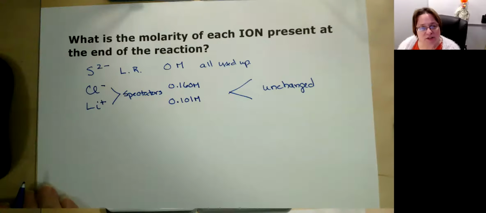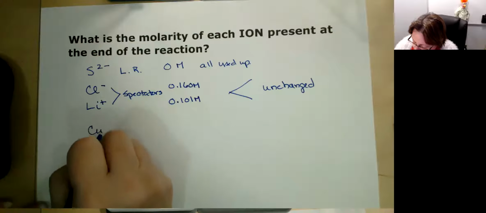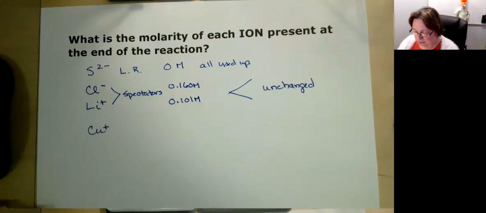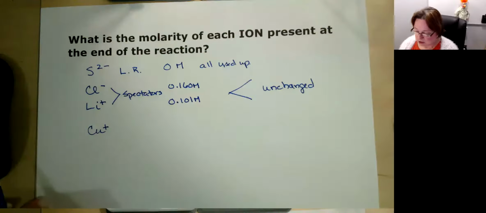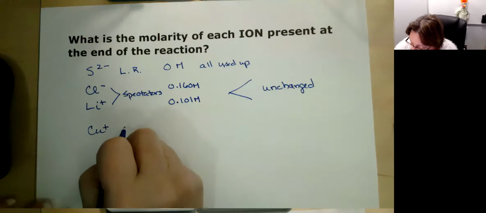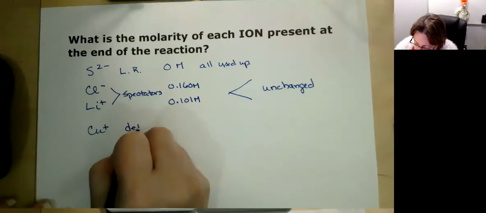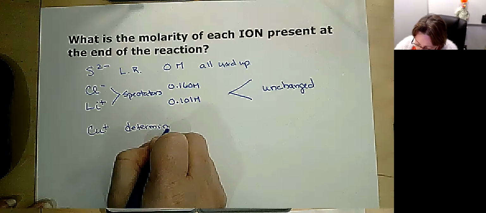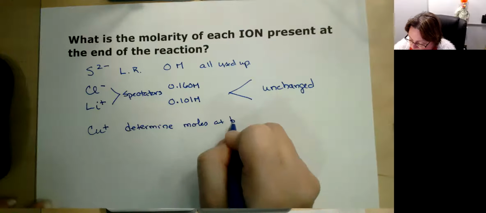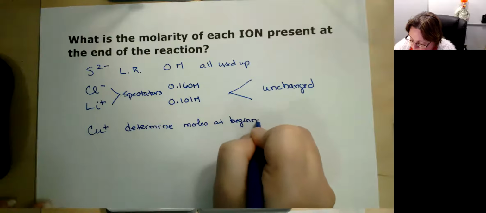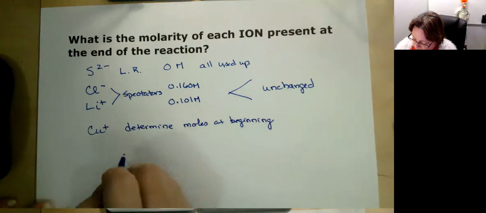All right, so that leaves us the more challenging one, right? The copper 1 ion. It had an initial concentration, right? There was some there at the beginning. We know that some of it was used up to do this reaction with the sulfide ion, but not all of it. So for copper, we're going to have to first determine the moles at the beginning, how many moles were present at the beginning.